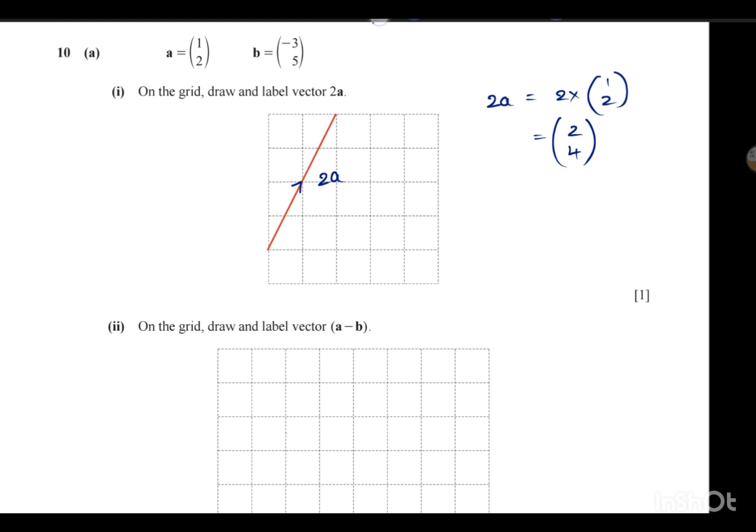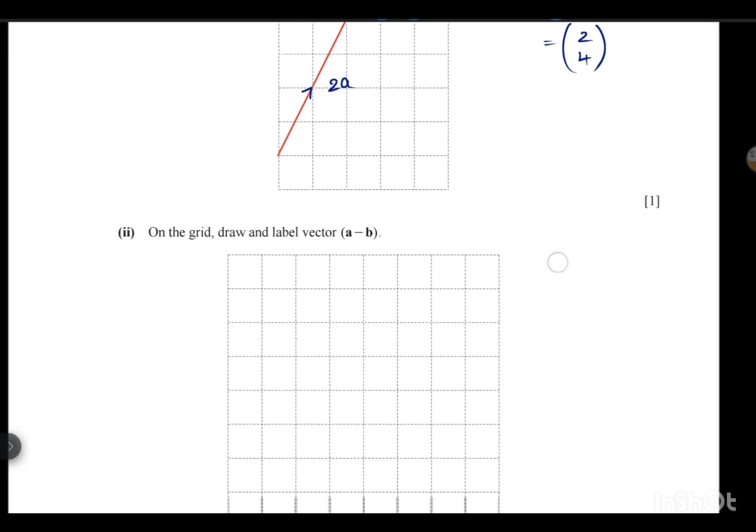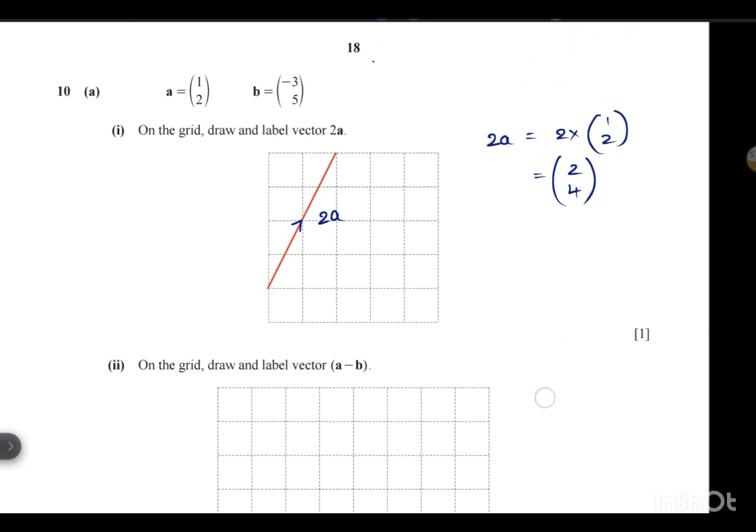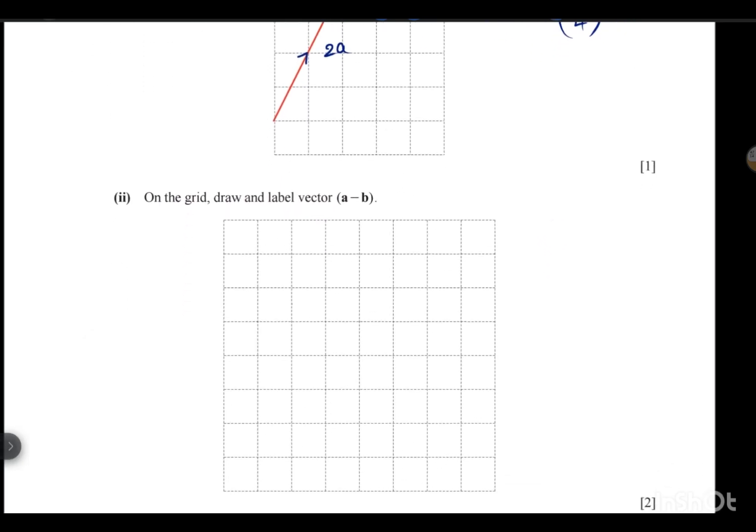Question number 2. On the grid, draw and label vector A minus B. So now find out A minus B. A is (1, 2), B is (minus 3, 5). So A minus B is equal to (1, 2) minus (minus 3, 5). 1 minus of minus 3 will be 1 plus 3, which is 4. 2 minus 5 is minus 3.